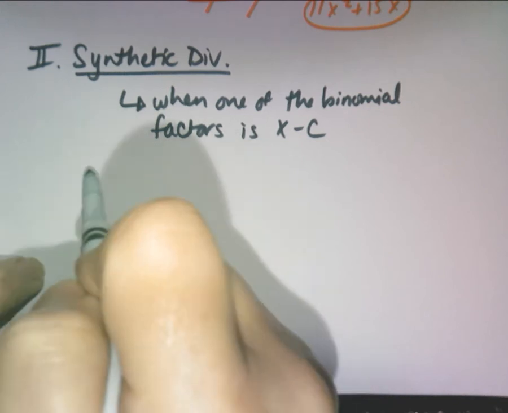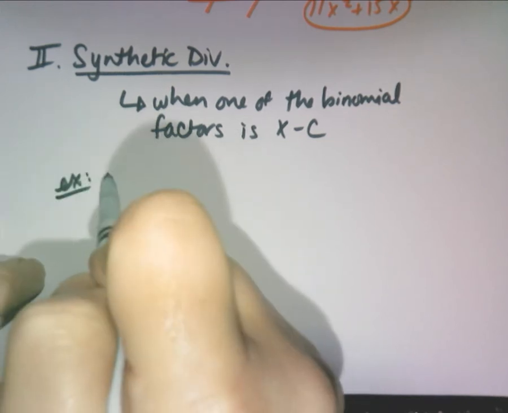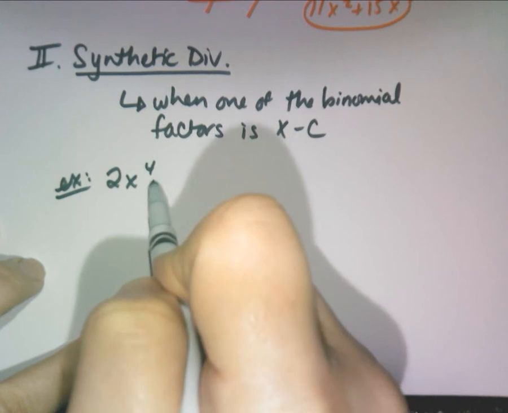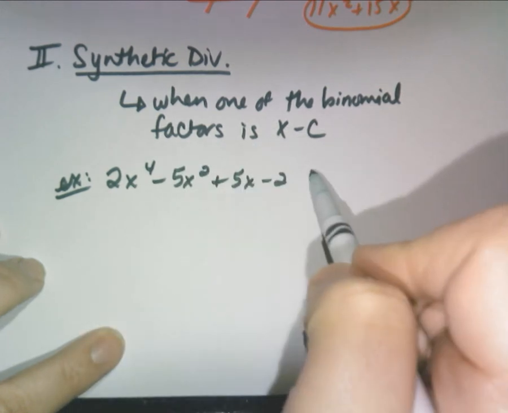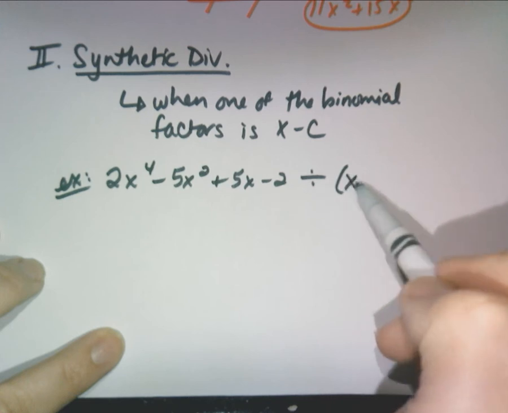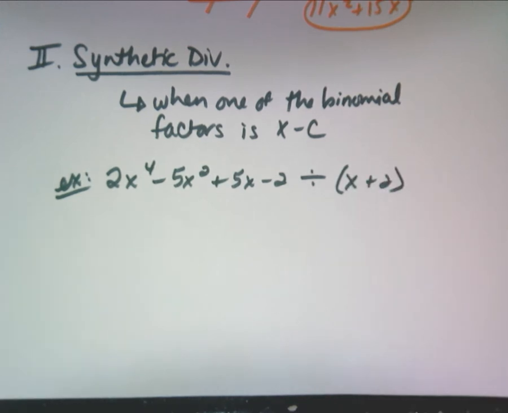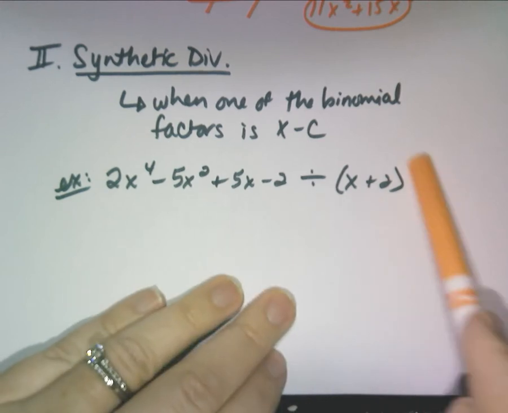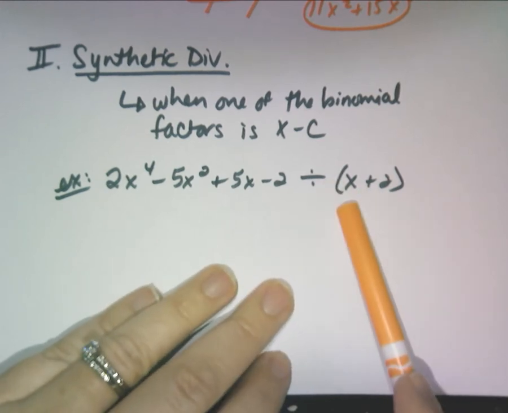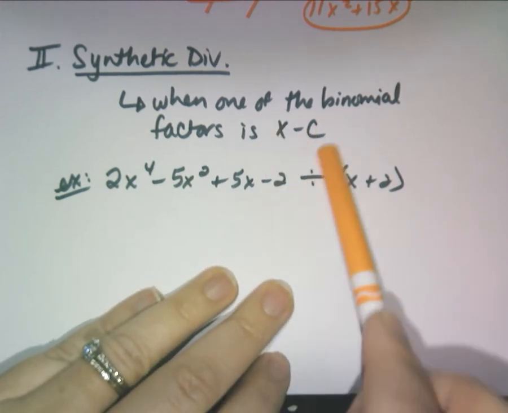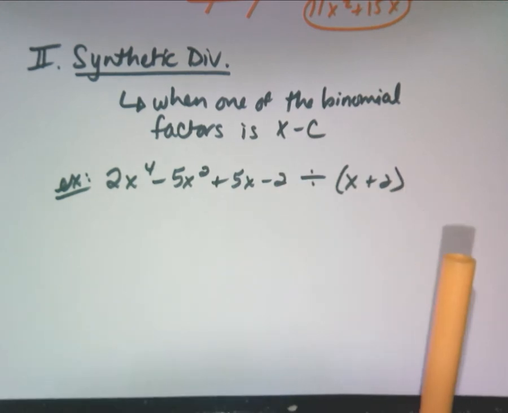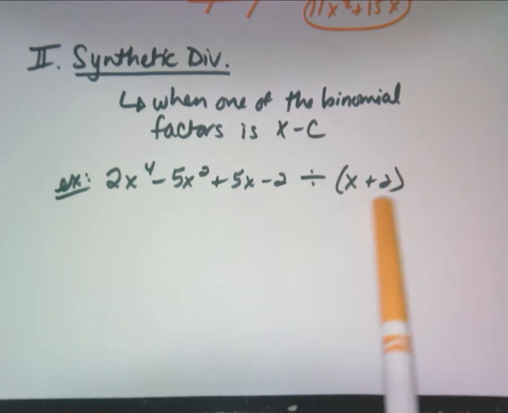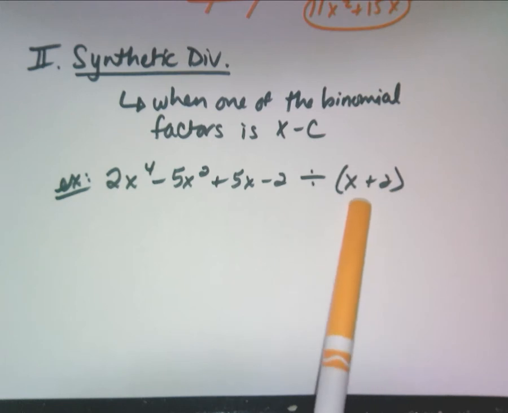They're going to say, okay, I've got 2x to the 4th minus 5x squared plus 5x minus 2, and I want you to divide it by x plus 2. So they're telling you this is what you want to divide by. As long as you can write it in an x minus c fashion, then you can do synthetic division. Now, this is really not written in x minus c fashion, but I could.